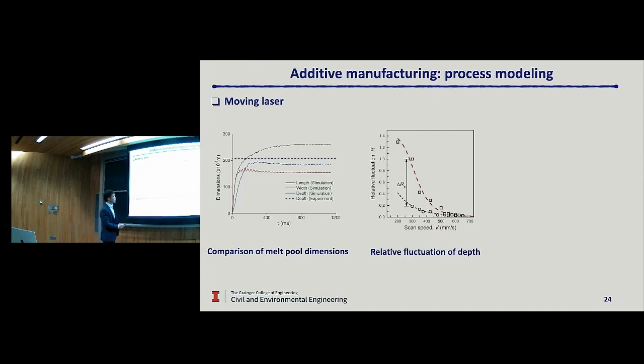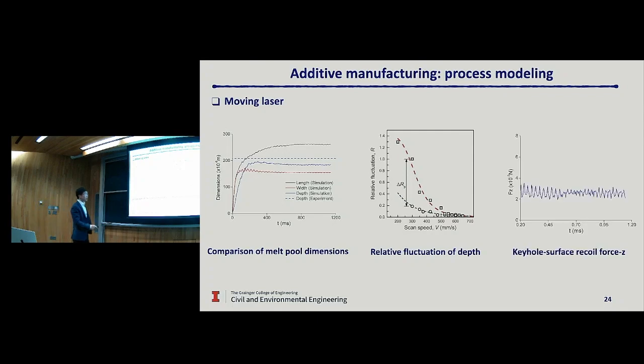Argonne found that increasing scanning speed can suppress the melting pool depth fluctuation with and without the powder. For both, as the scanning speed increases, you see the relative fluctuation decreases as well. This is also found in our simulation.